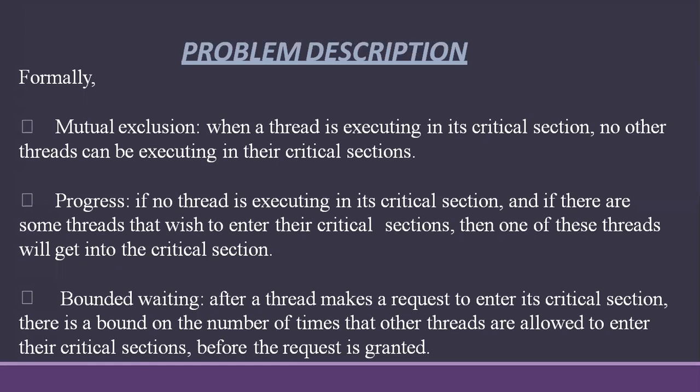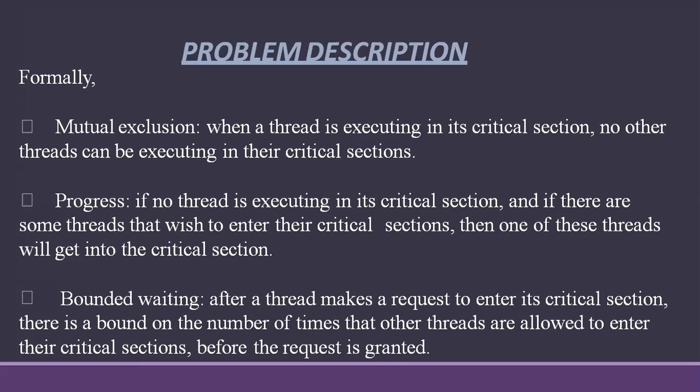In bounded waiting, there exists a bound or limit on the number of times that other processes are allowed to enter their critical sections after a process has made a request to enter its critical section and before that request is granted.